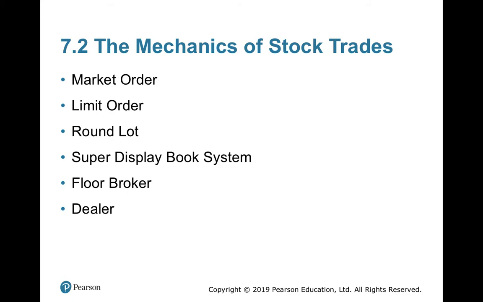Then who is a floor broker? Normally, if it is a small order, small round lots, we have SDBS and the specialist is maintaining the stock. SDBS will take that and make the trade possible in milliseconds.